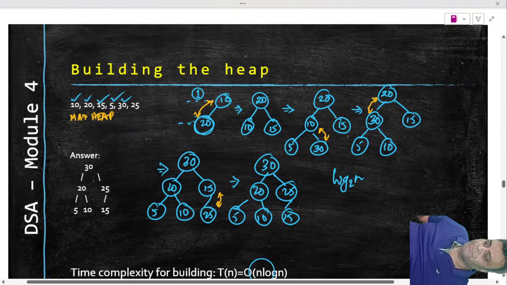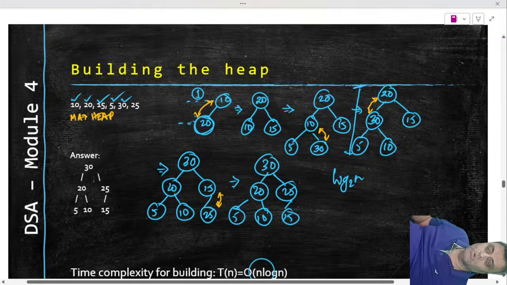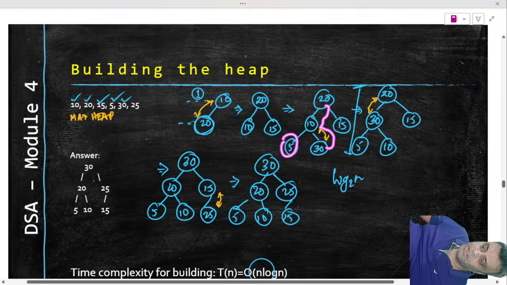Right? So log base 2 of n, if it is the height of this particular tree, then this log base 2 of n will be the worst case complexity of the number of levels that it has to go up. So every node has the risk of doing this. That is what is worst case, right?